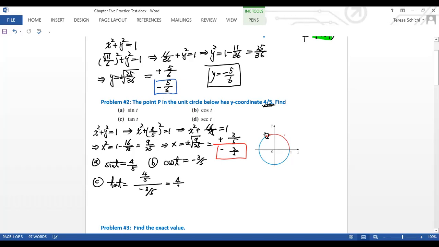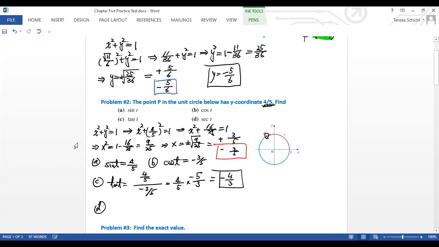So we know if you have a fraction over a fraction, what do you do here? You keep the top and flip the bottom, right? So what is the answer here? It's negative 4 over what? Negative 4 over 3 here, right?